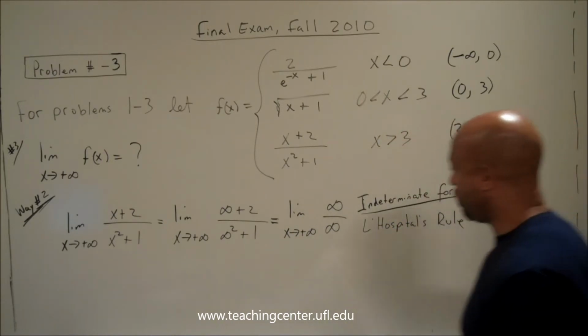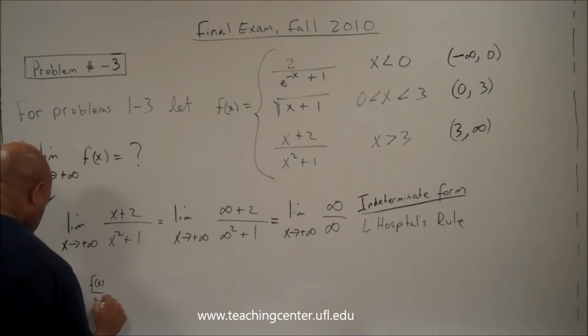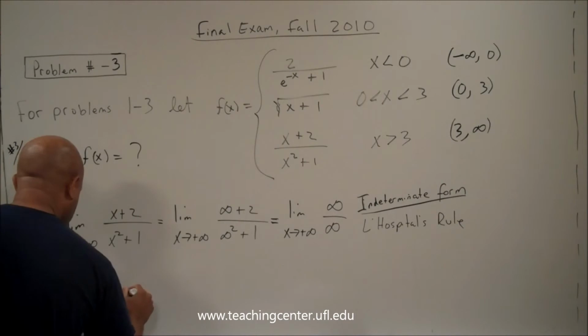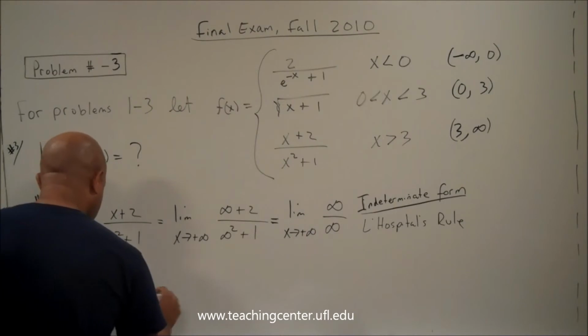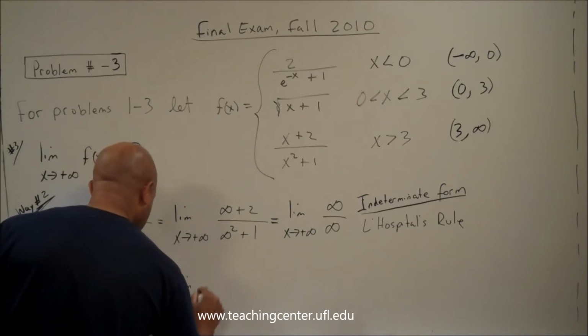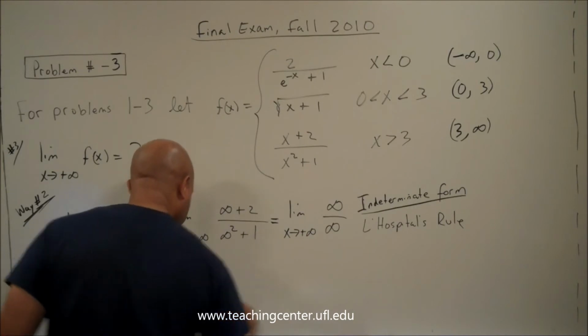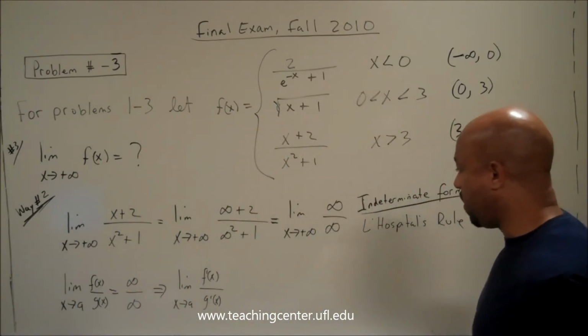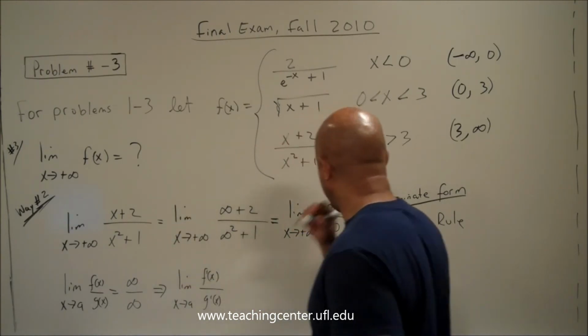Basically that says if the limit as x approaches some number a of f of x over g of x is equal to infinity over infinity, then we can rewrite the limit as x approaches a of the derivative of f divided by the derivative of g. So all we have to do is define f and g, which are the numerator and the denominator, and then take the derivative.